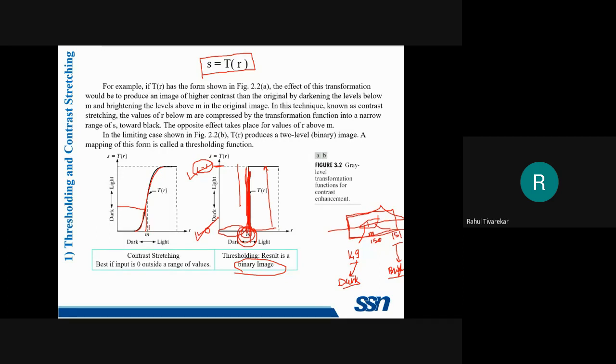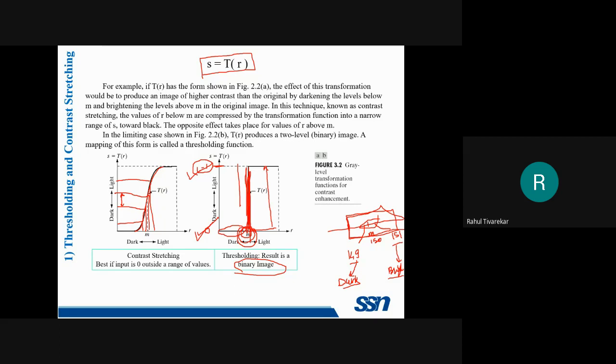Just after M, you mark to some other intermediate value, separated by some amount. Further beyond M, you again mark them to some intensity value.